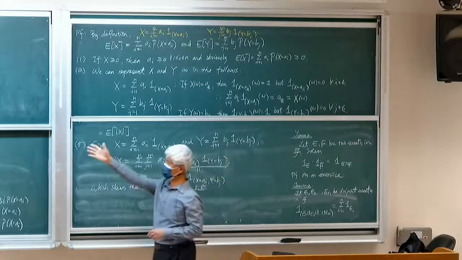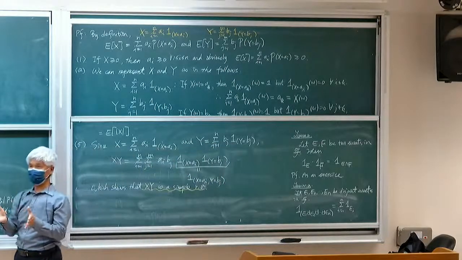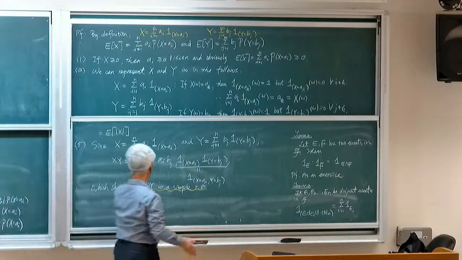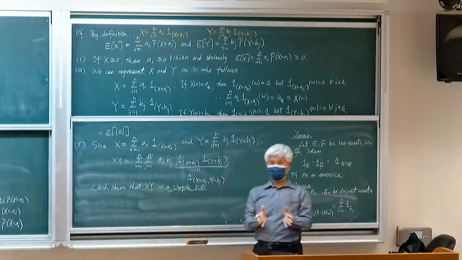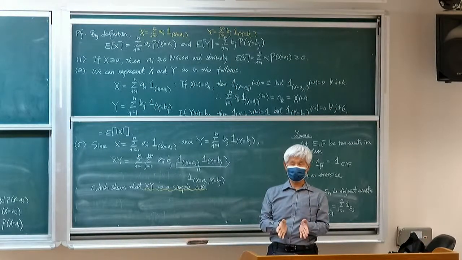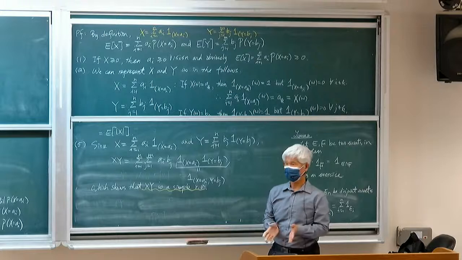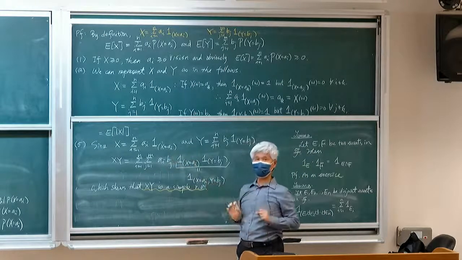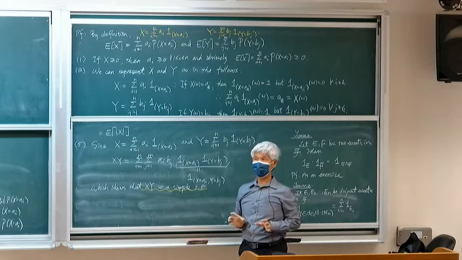Just like a linear combination of two simple random variables is also a simple random variable, the product of two simple random variables is also a simple random variable. From this calculation, you can see it immediately.